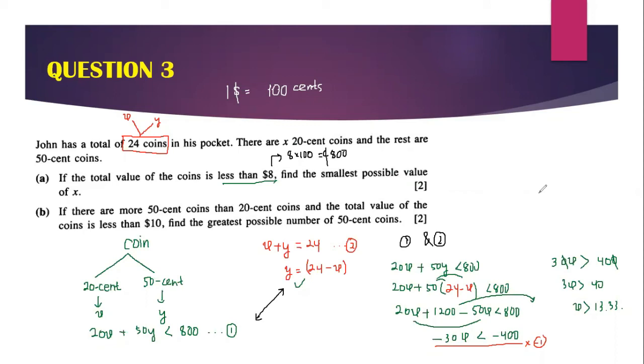The possible X greater than 13.333 is 14. Don't say 13.33 because there is no decimal of a coin, right? So the possible X is 14. So there are 14 20-cent coins. That's the answer of A.